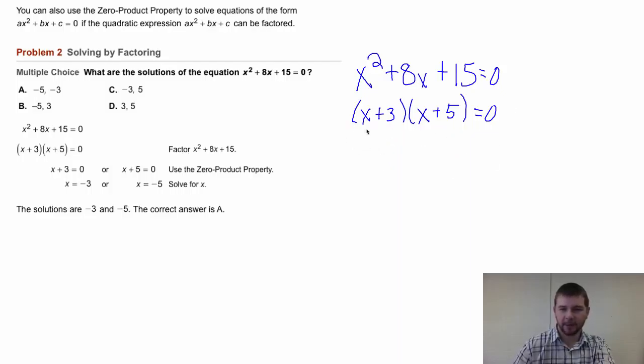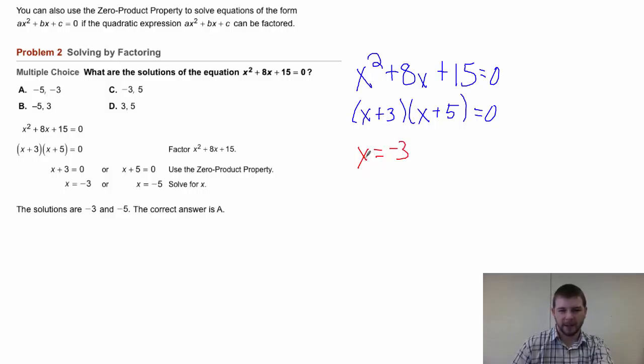Considering what x value will make this binomial on the left equal 0, off the top of my head I think, well, negative 3. Negative 3 plus 3 is 0, and so my first solution, x equals negative 3.